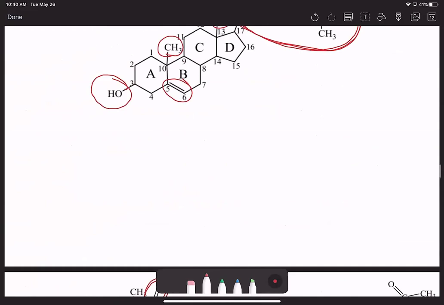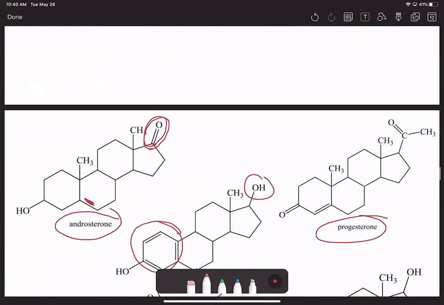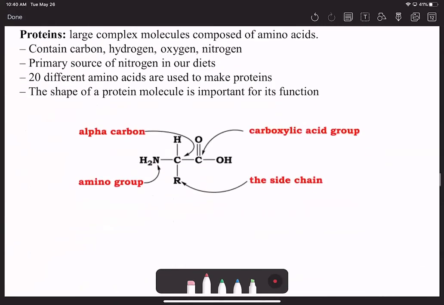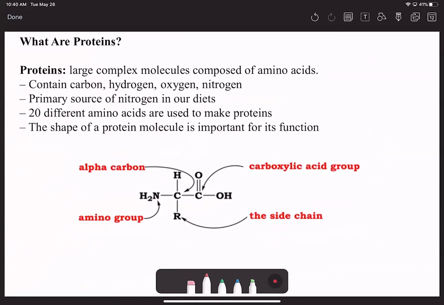You have to know the ring system, right? You have to see this ring system, right? So that you do have to know. And that gets us to proteins, and I think this is where we're going to stop. So this will be the end of today's lecture. We'll continue next week with the other half of 11 and get into nucleic acids.